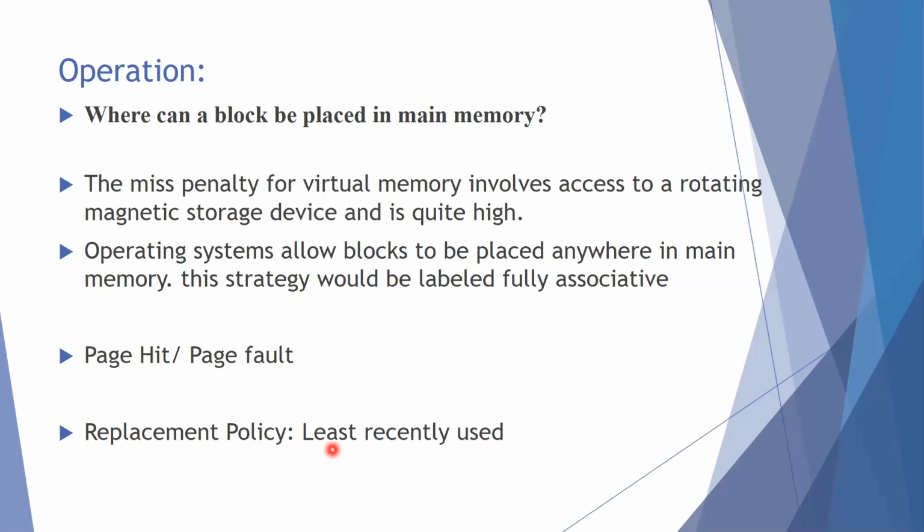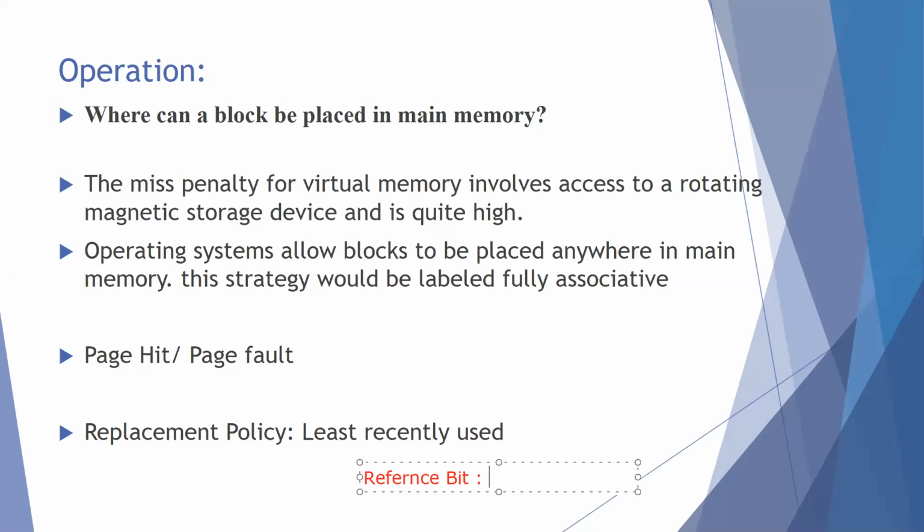And then one more thing, there is a bit called the reference bit, which keeps a track, the way we had in cache also. Here also we have a valid bit. I'll tell you later on.